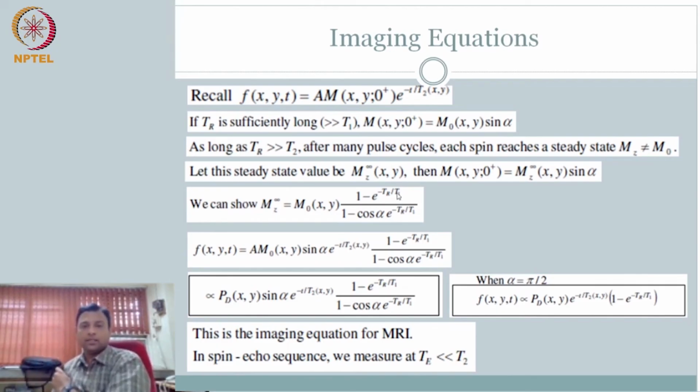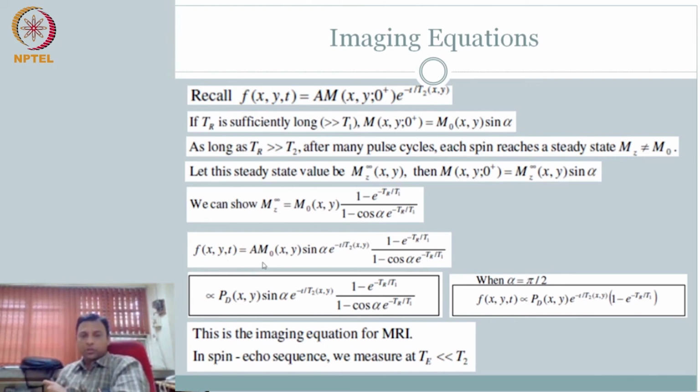So T1 constant, T1 property of the tissue, and how far you wait, your TR, this relative TR to T1 is going to have some duration of your equilibrium value. So you are going to end up using mz, the steady state value, in the imaging equations instead of the equilibrium value. And therefore your f of x comma y of t is nothing but, you substitute, right?